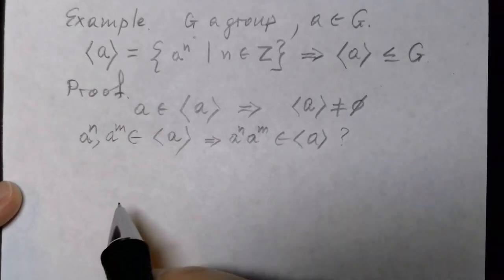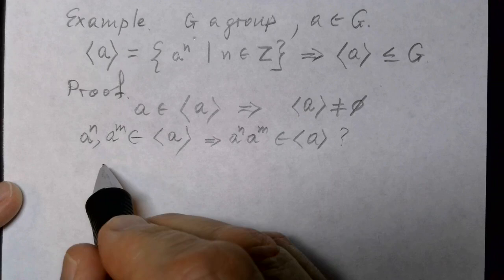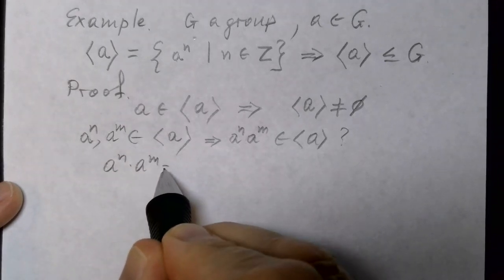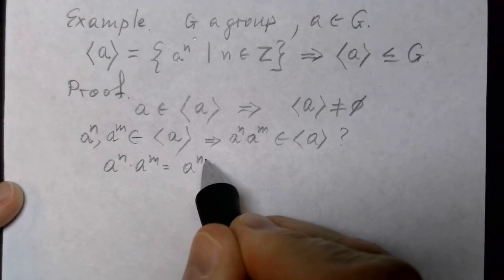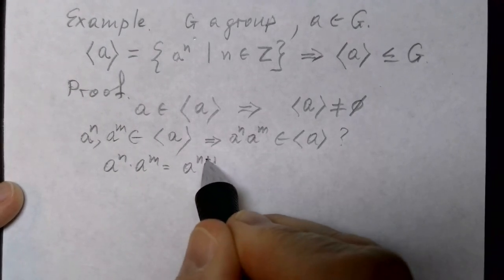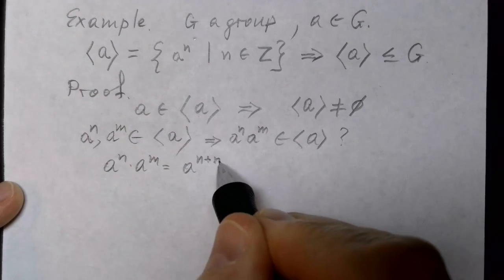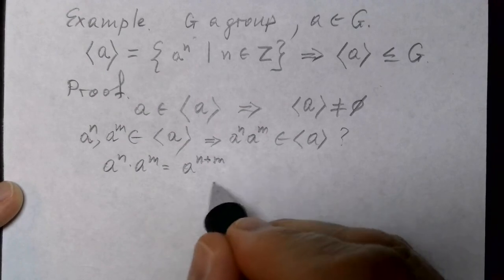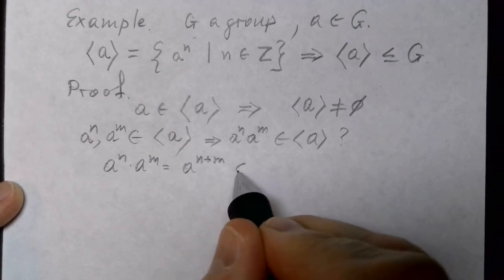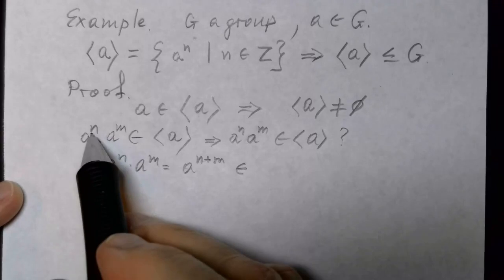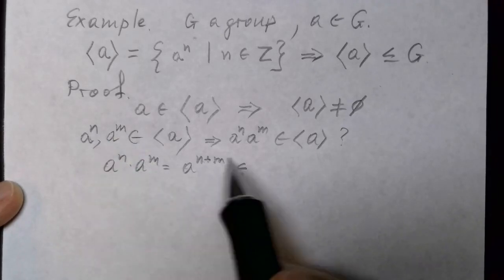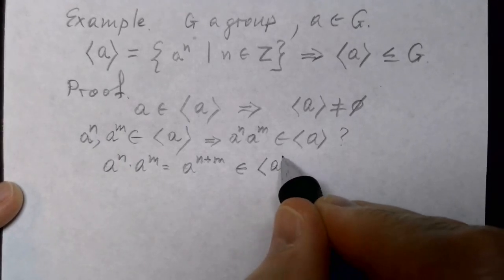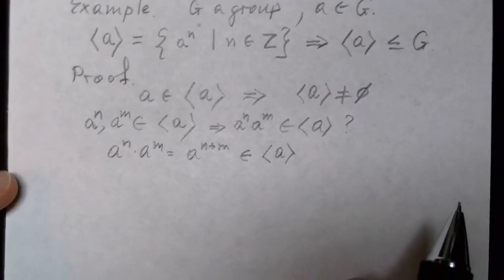Why is this so? This product is equal to A to the power n plus m, and n plus m is an integer. That's why, because n and m are integers, the sum is an integer. That's why this power belongs to the subset.